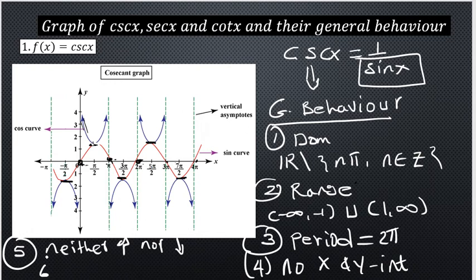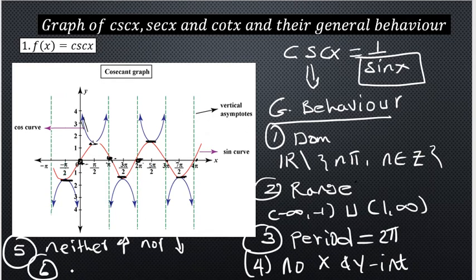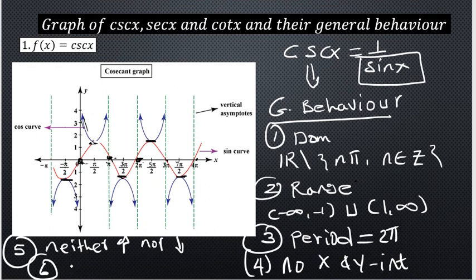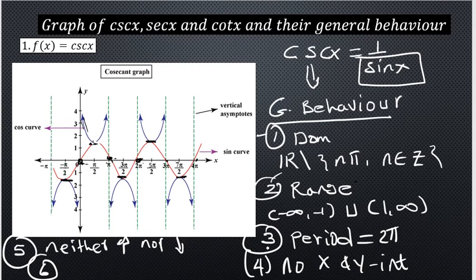And the sixth point, we can say it is symmetric with respect to the origin, because it is an odd function. Sine is odd, so cosecant is also an odd function. The only even function among the three is cosine. But the main points are domain, range, period, and x and y intercepts. In the case of the cosecant function, you need to remember this behavior.